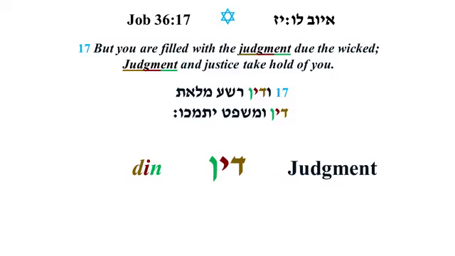Dinah is woman, female judge, has the hey on the end. Okay? We see it in Job 36:17. But you are filled with the judgment due the wicked. Judgment and justice take hold of you. There you see it twice. Din, judgment. Okay? And it begins with a Dalet.